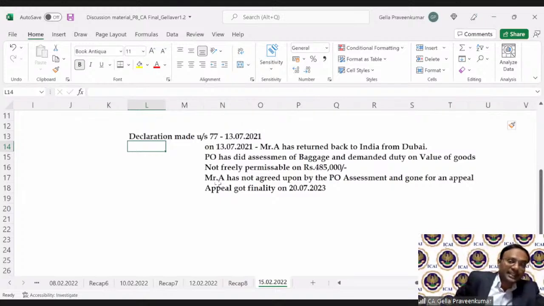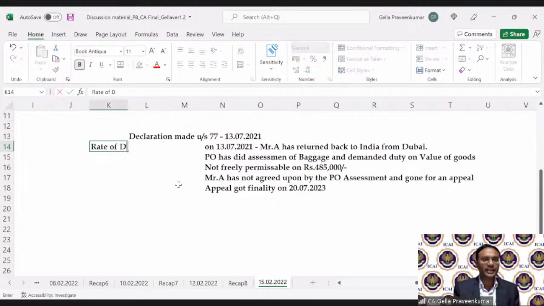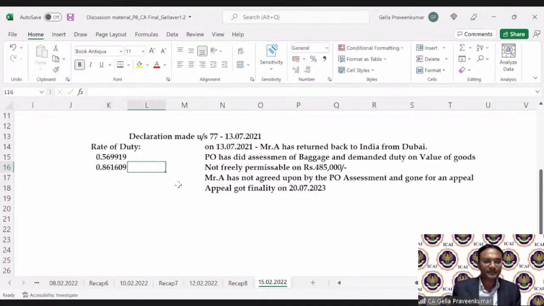Now, the question comes here, on the date of my customs duty, rate of duty, 13th July 2021, 20th July 2023. Assuming here it is 12%, and over a period of time, this has become 85%.